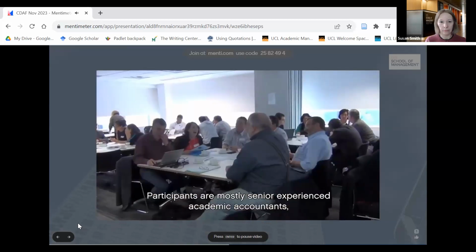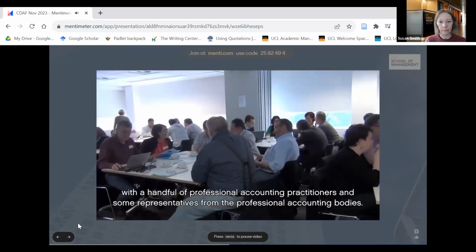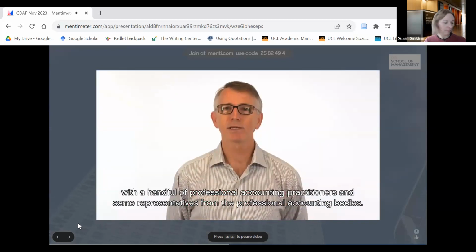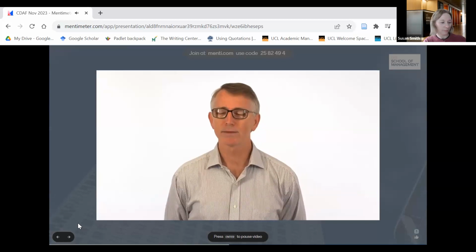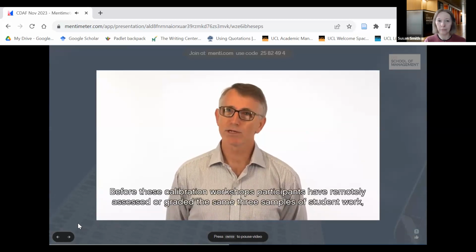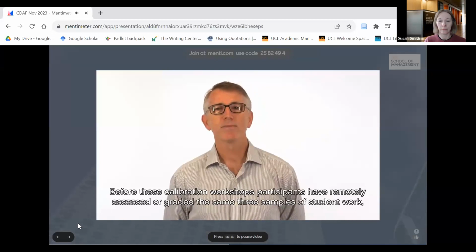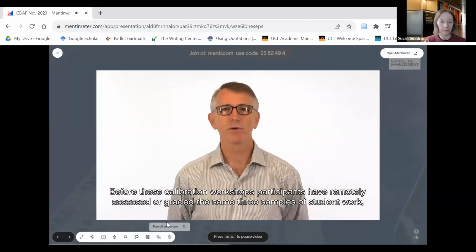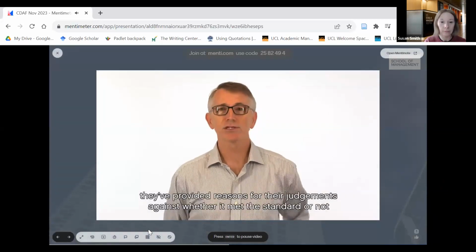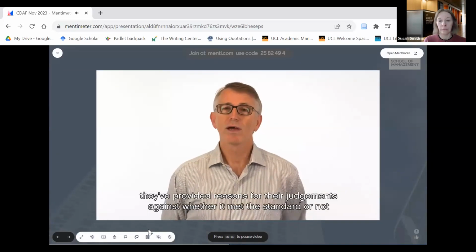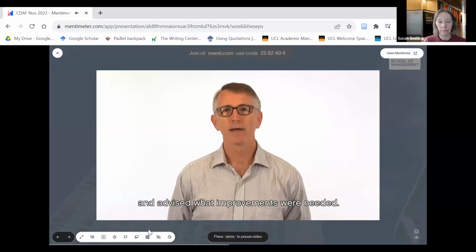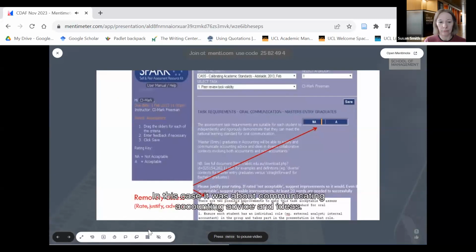Participants are mostly senior experienced academic accountants with a handful of professional accounting practitioners and some representatives from the professional accounting bodies. Before this calibration workshop, participants have remotely assessed or graded the same 3 samples of student work. They've provided reasons for their judgments against whether it met the standard or not, and advised what improvements were needed. In this case, it was about communicating accounting advice and ideas.